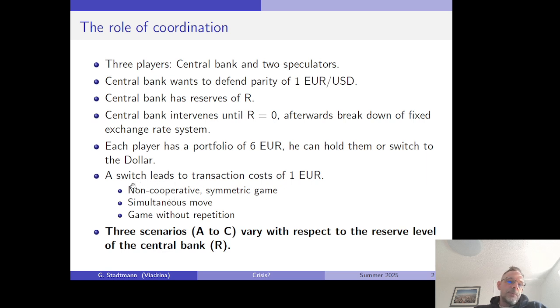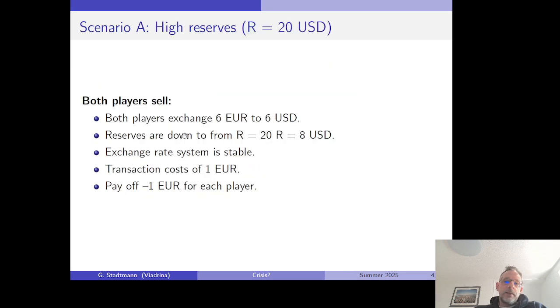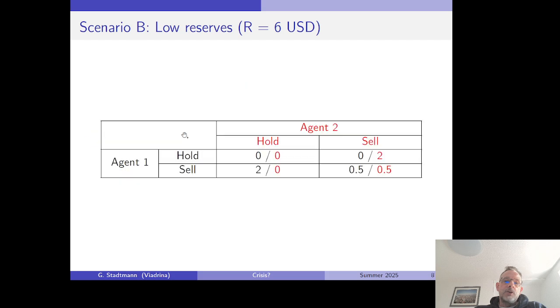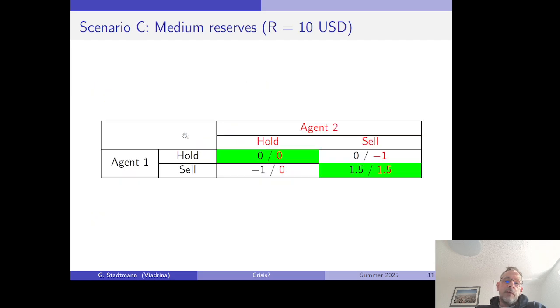Then we also assumed that we have a non-cooperative game. So the two players are not talking to each other. And this is also to some extent not very realistic. When we are looking at this scenario here, we have one scenario where the system is stable and the payoff for the two players is equal to 0.